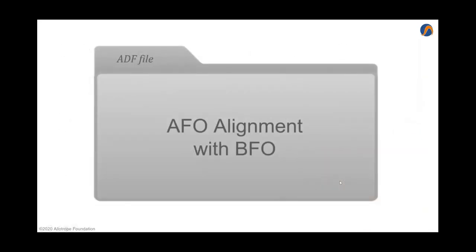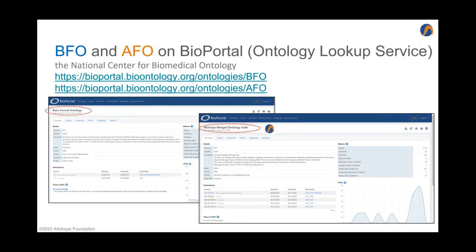So now that we have an understanding of the motivation behind the BFO, we can start talking about how AFO leverages the BFO and the alignment between the two. In the following slides, I will use a screenshot from BioPortal, which is an ontology lookup service, for both AFO and BFO.